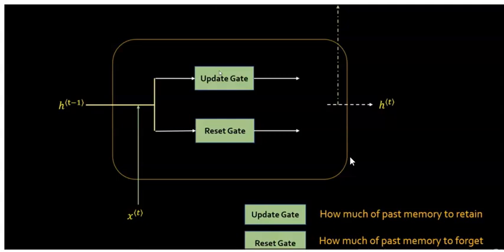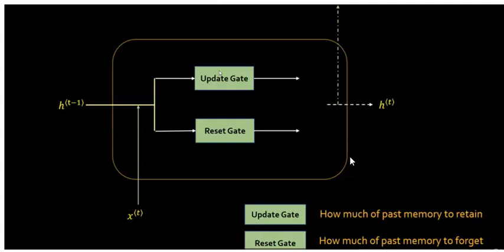The update gate decides how much of the past memory we need to retain. When pasta is there and cheese comes, we need to retain the memory of pasta and include cheese, so that happens in the update gate. But the reset gate decides how much of the past memory we need to forget.